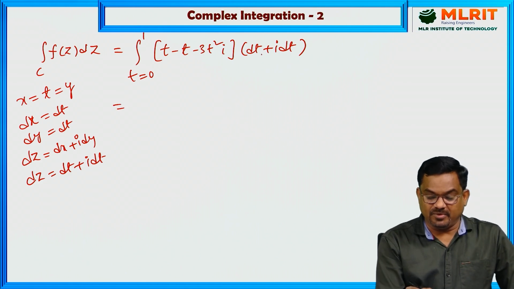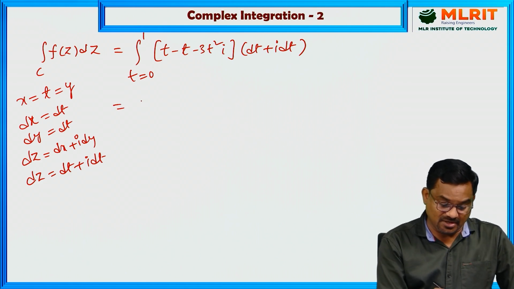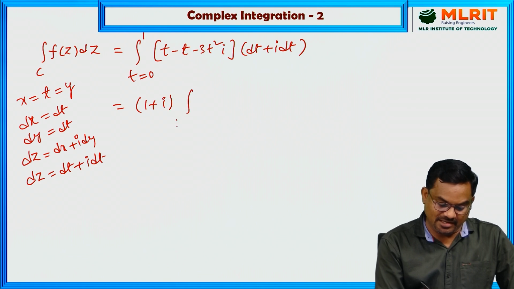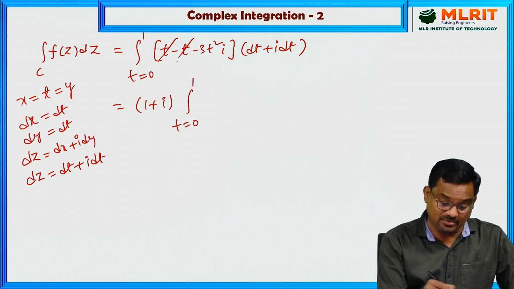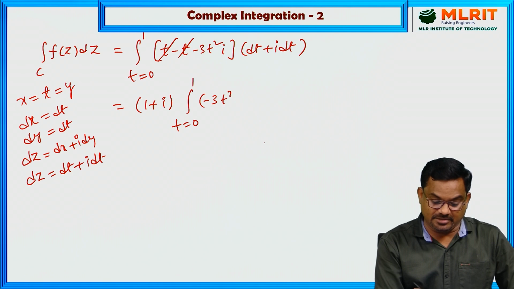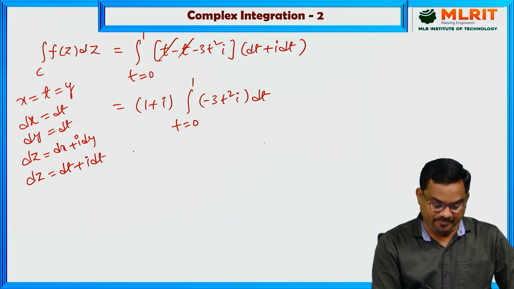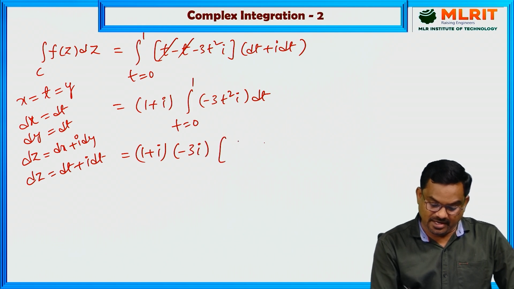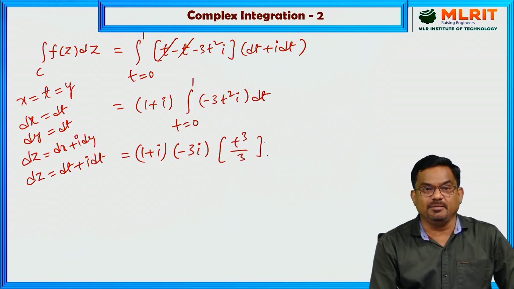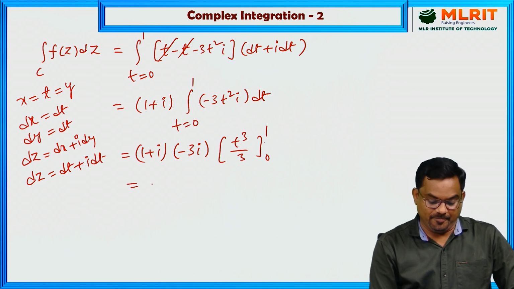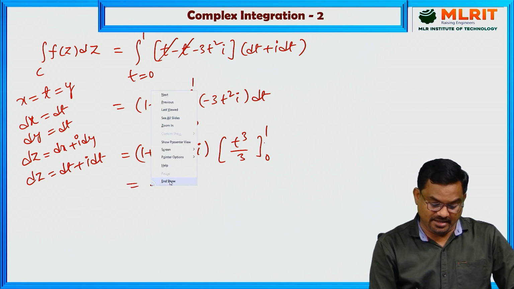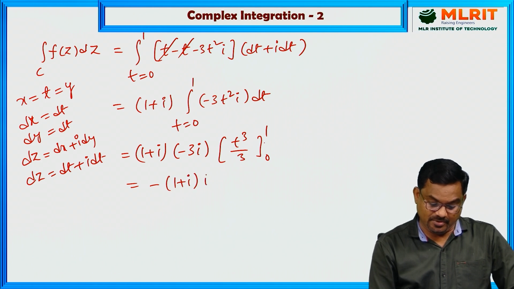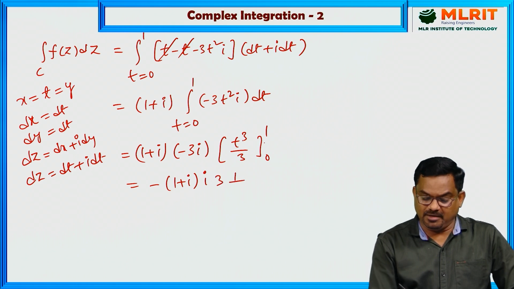So here we can take dt common. So 1 plus i comes out: 1 plus i integral t from 0 to 1, these two cancel, minus 3t square i dt. So 1 plus i into minus 3i common, integral t square is t cube by 3, and the limits are from 0 to 1. So this is minus (1 plus i) into 3, but upper limit is 1, lower limit is 0.